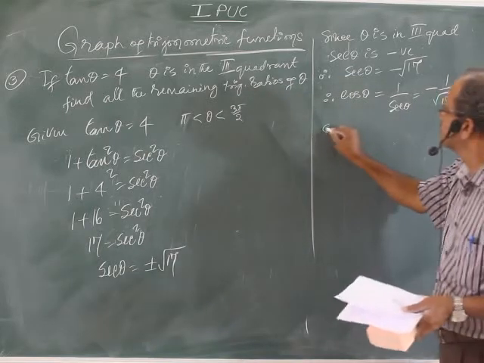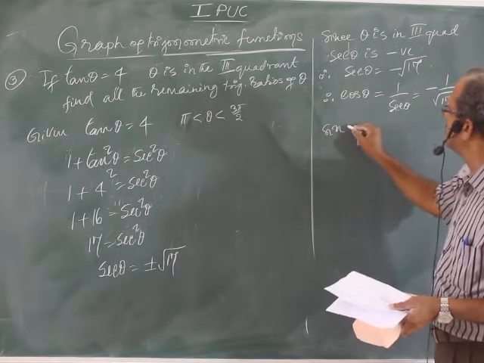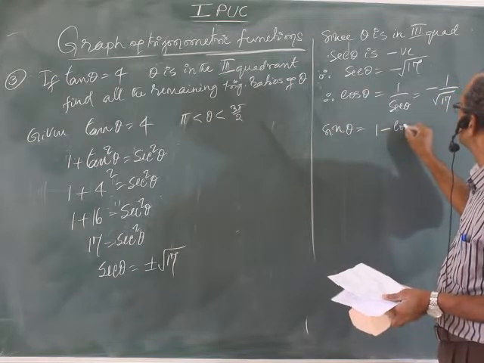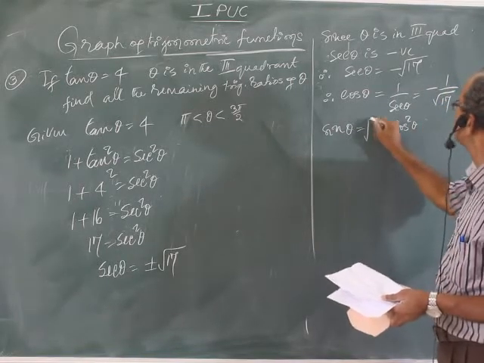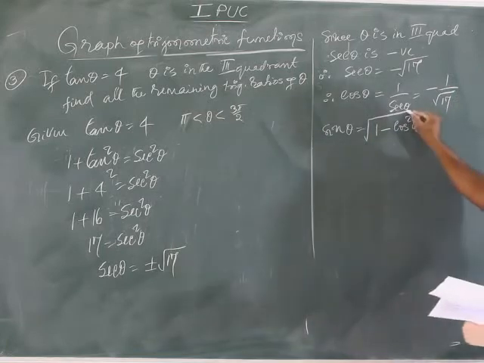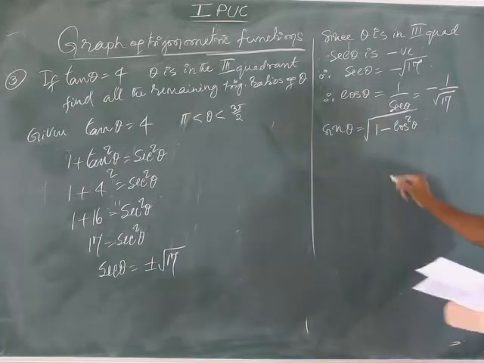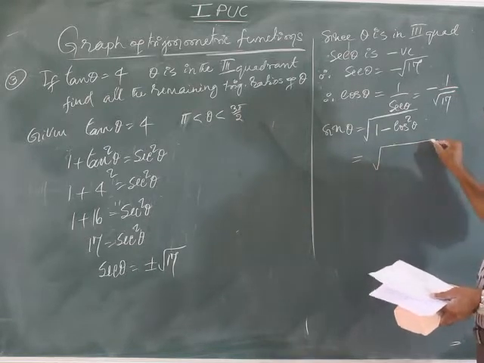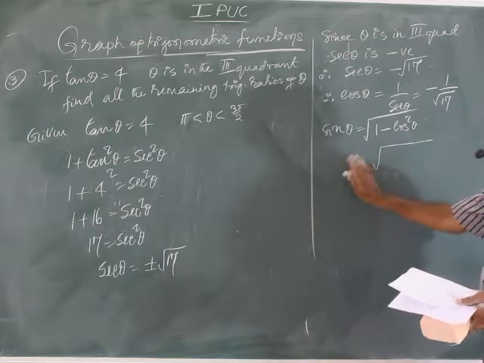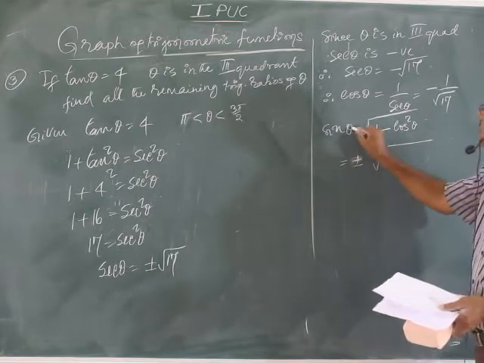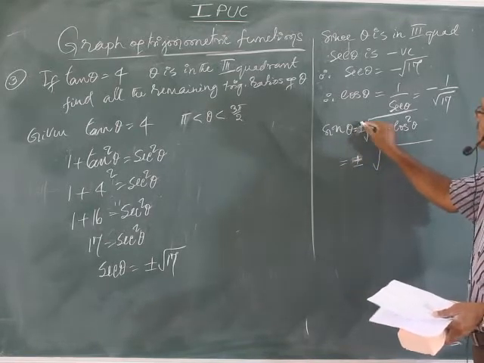Sin theta is the square root of 1 minus cos square theta, once we have used this relation, sin square plus cos square. Again here also you have to take plus or minus, after that let us decide.